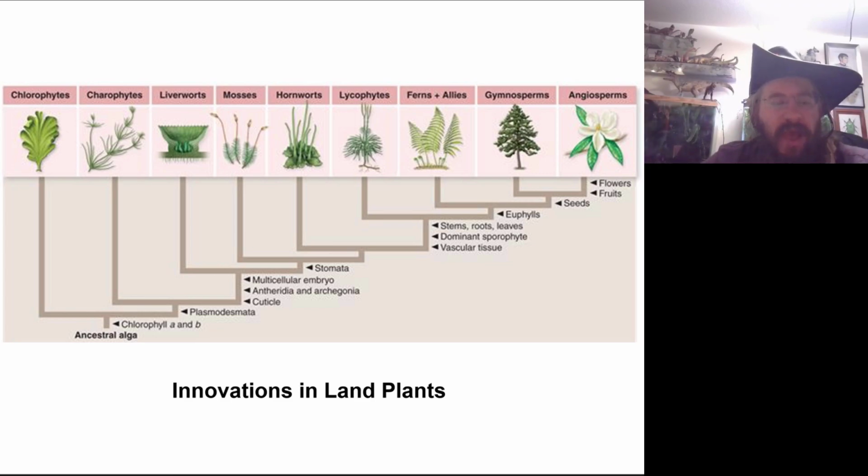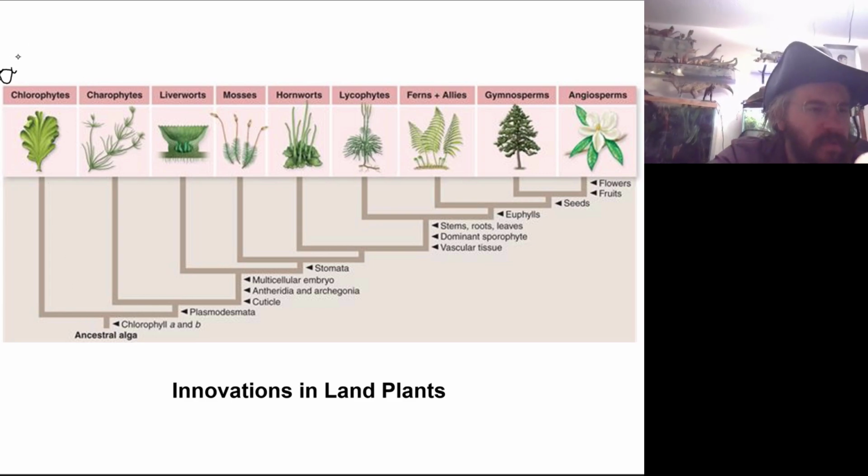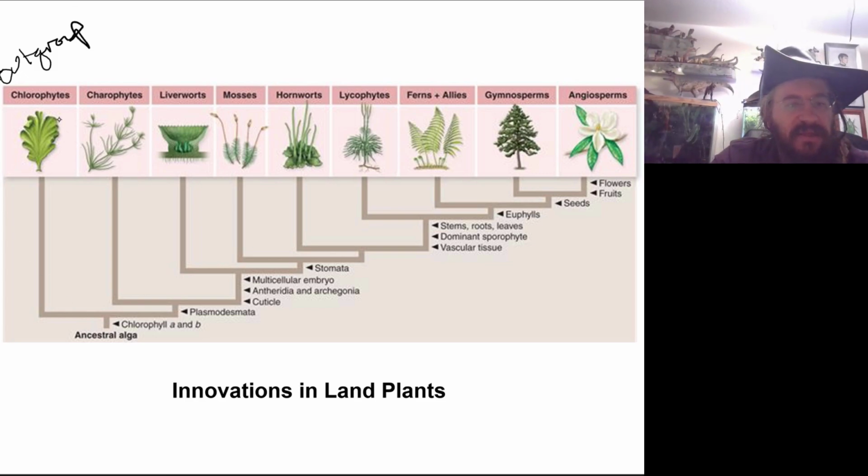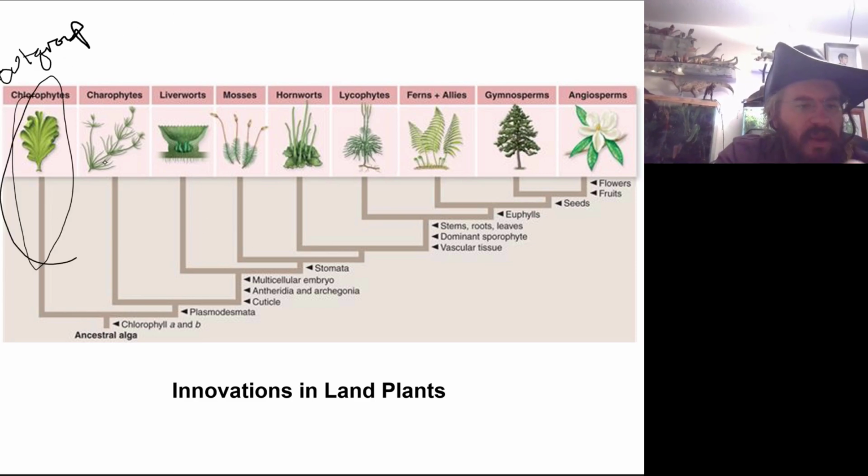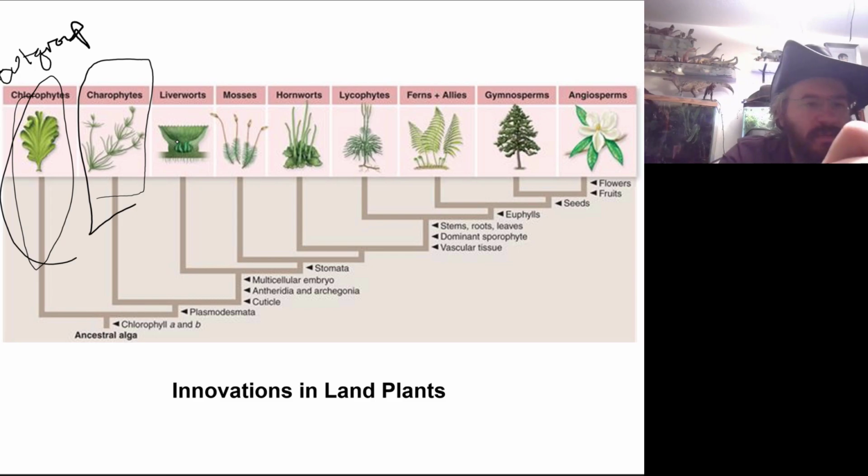Okay, so let's talk about synapomorphies. So here's our outgroup. The ancestral state, the charophytes, chlorophytes. Here's our most primitive possible ancestor to live terrestrial plants.